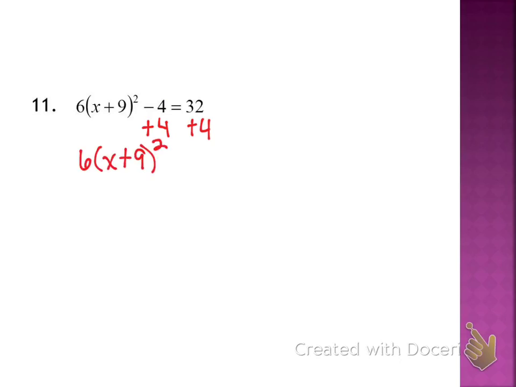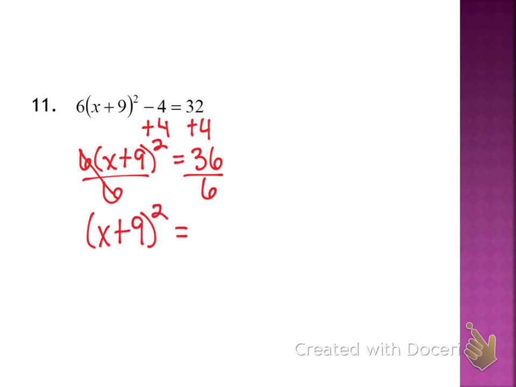So we have 6 times (x plus 9) squared equals 36. Then we can divide both sides by 6. So (x plus 9) squared equals 6. Now what are we ready to do? Square root. So we get x plus 9 equals... can we simplify the square root of 6?